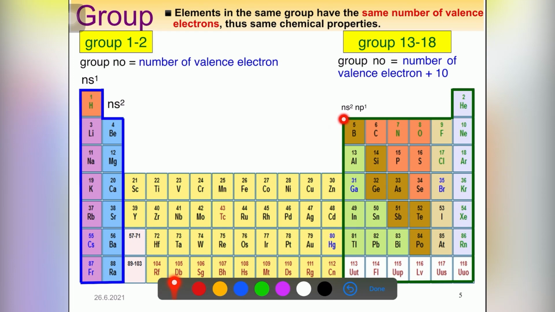As I told you, it refers to the highest n, also called the outer shell. Let's say boron is located in period 2, so the highest n is 2, so it is 2s2 2p1, and there are 2 electrons in orbital s and 1 electron in orbital p.